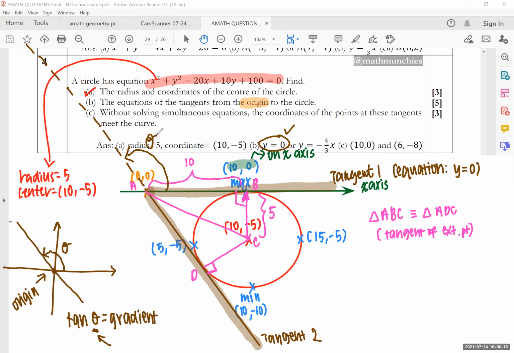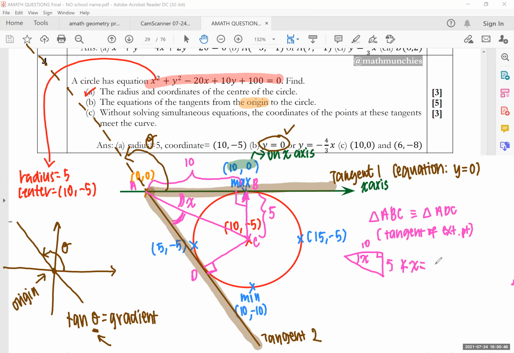Before I find theta, I must actually find this angle, and I find it by using trigonometry, because I know that this angle and this angle are the same. So I can find angle X. Because I already know that the tangent here is 5, I can use tangent to find angle X. So let's do that now. How much is angle X?